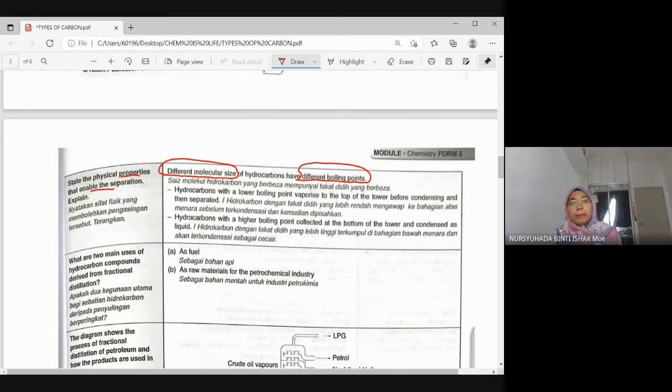So different boiling point ni dia akan berkait dengan different molecular size. Okay, hydrocarbon with lower boiling point, boiling point dia lebih rendah, vaporize. So dia akan change become vapor to the top. Kamu dah tahu kan kenapa vapor akan dekat top?